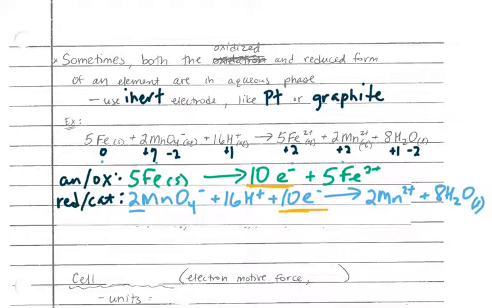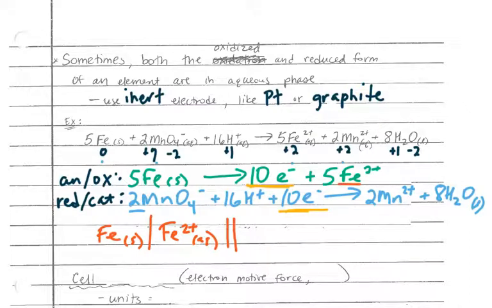All right, now we can write out the cell notation for this. At the anode, we've got solid iron, so our anode electrode is solid iron. And what we have in the aqueous solution here is the iron ions, aqueous. That's the anode, so now we'll separate with the salt bridge, and we'll write the parts of the cathode.